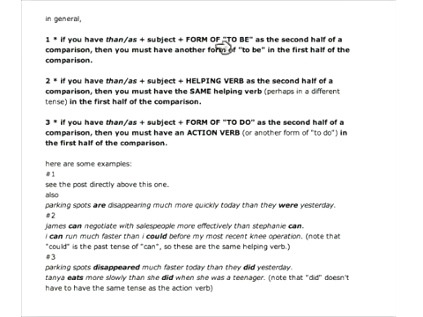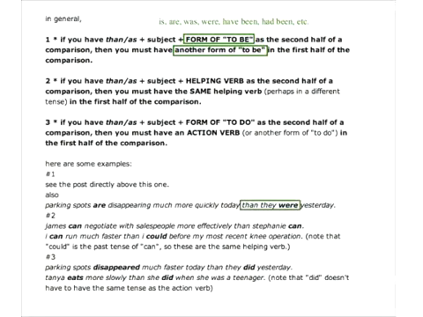So if you have a form of 2b in the second half of a comparison, then it must be another form of 2b in the first half of the comparison. 2b has lots of forms, but here's a few of those: is, are, was, were, have been, had been, etc.